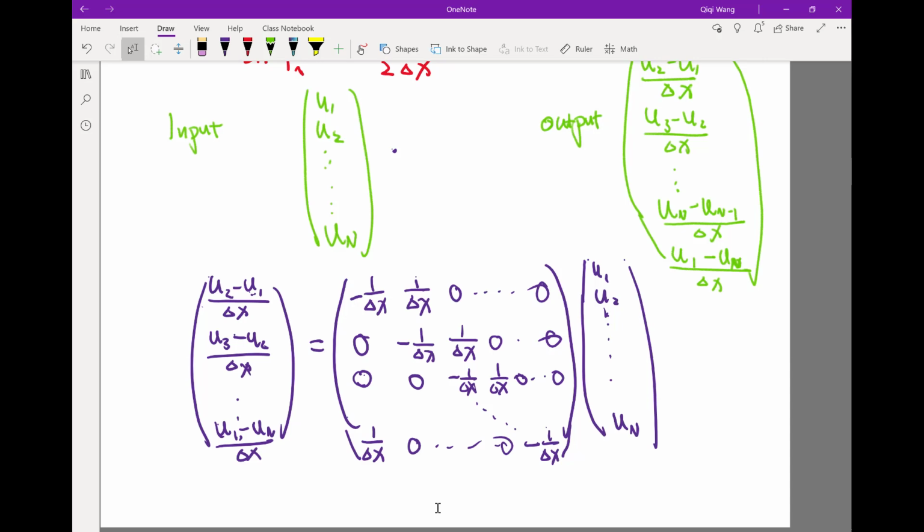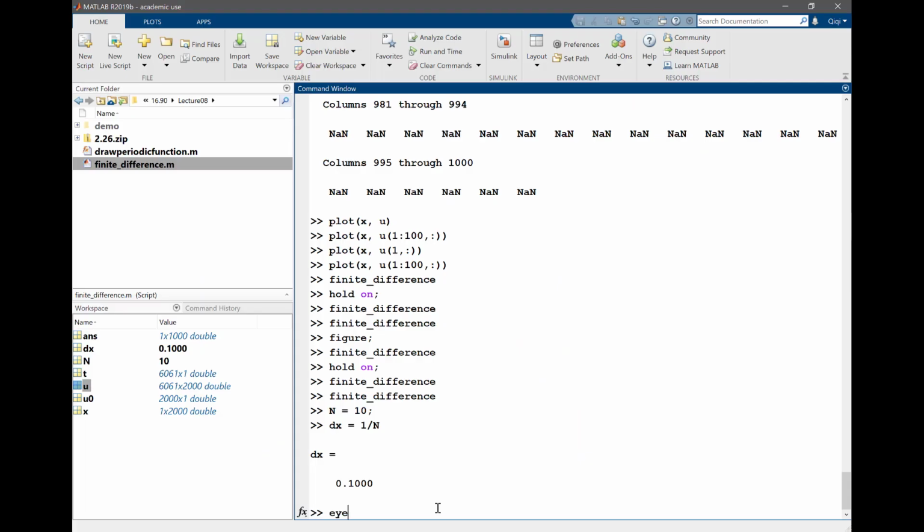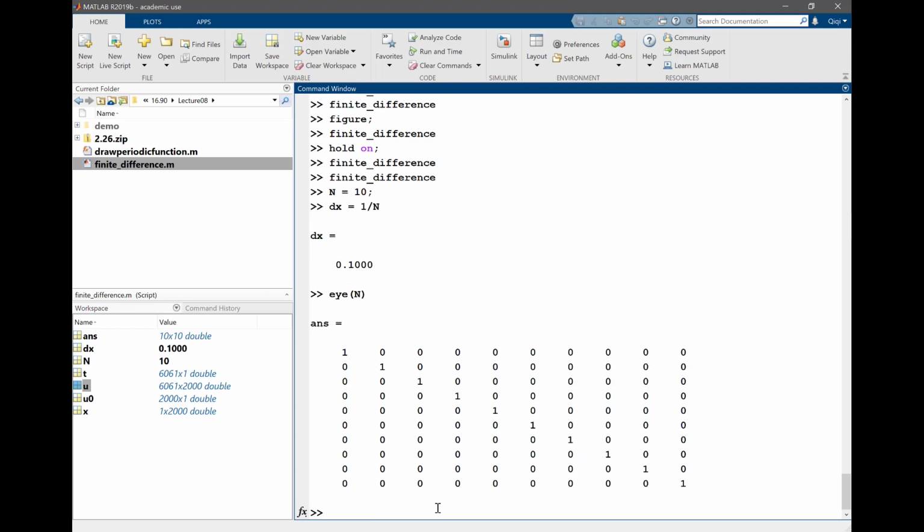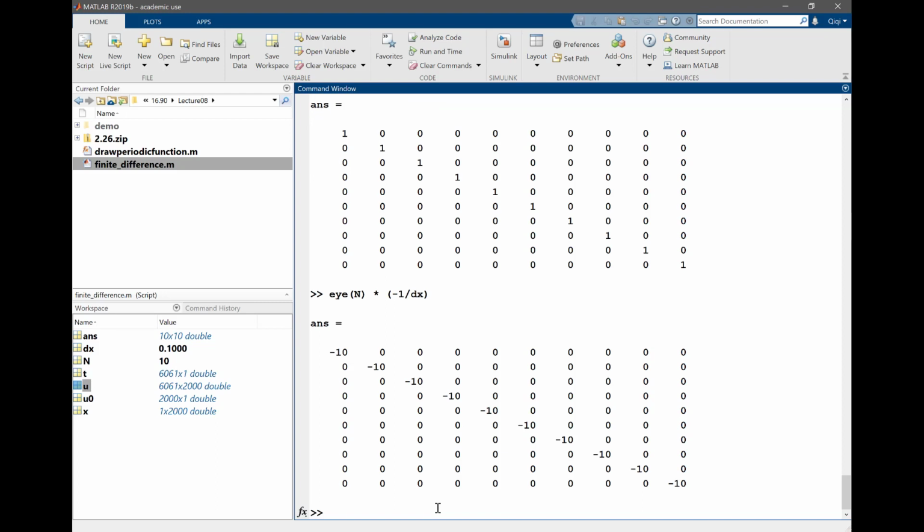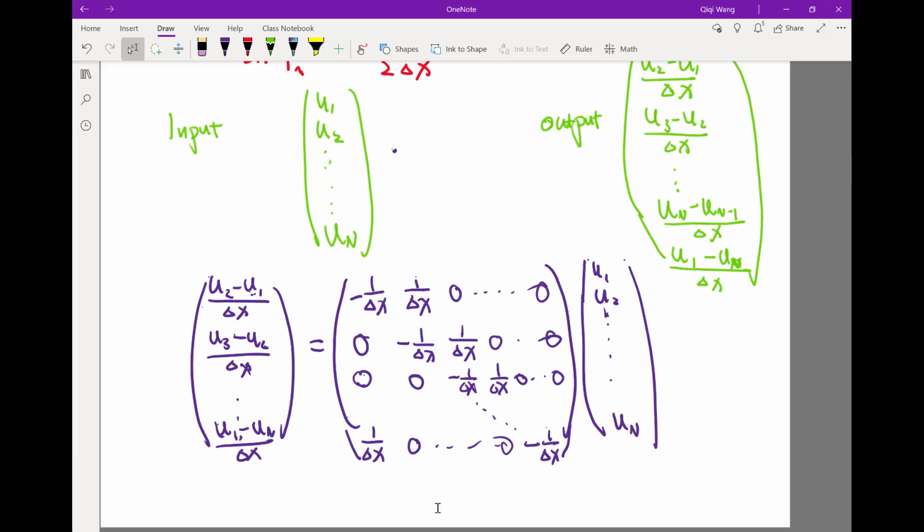First of all, I want to fill my diagonal. And if I have a diagonal with the same numbers, it's pretty easy to fill. So if I type in I of n, I have the identity matrix, right? And if I have I of n times minus 1 over delta x, I have minus 1 over delta x filled in the diagonal, right? So that actually is exactly what I want on the diagonal.